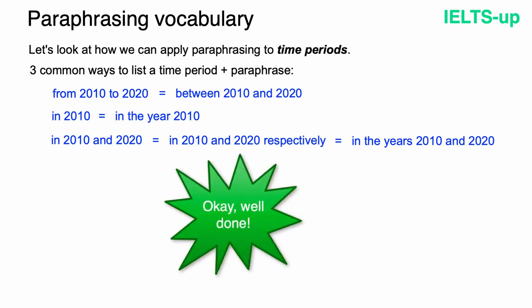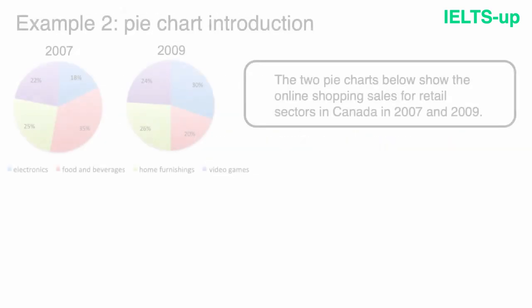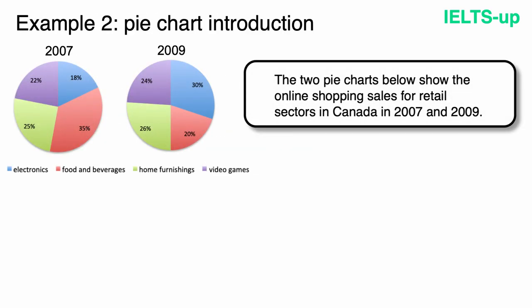Okay, well done! Now you know all the tricks to start a Band 9 essay for IELTS Writing Task 1. To make sure that we remember all those techniques, let's go through one more example. Here is a second example of IELTS Writing Task 1 question.